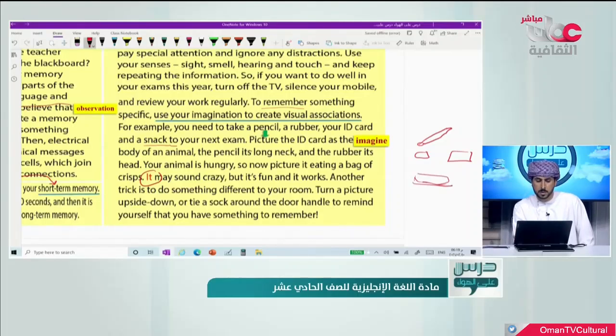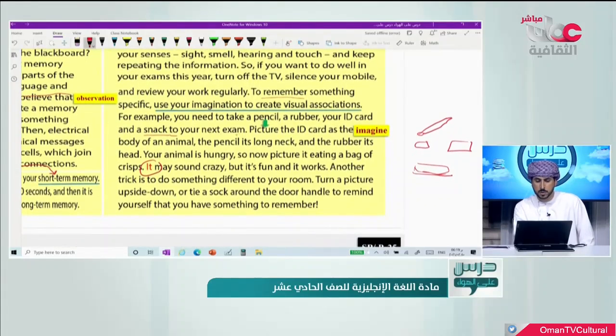Now, snacks to your exam. Picture the ID card as the body of an animal. For example, like this, body of an animal. The pencil is the long neck. This is the pencil. Long neck. And the rubber is the head, and this is the rubber.